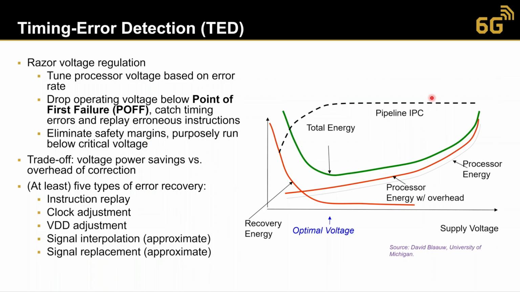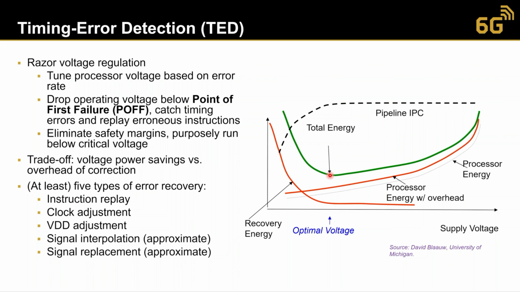The IPC of the pipeline of the processor starts to drop at some point when you get more and more errors, and then the error correction starts to take way too much energy. Somewhere at this point, you have an optimal voltage where you are running with a small number of errors, and if you can run at that point, then that is a good solution.